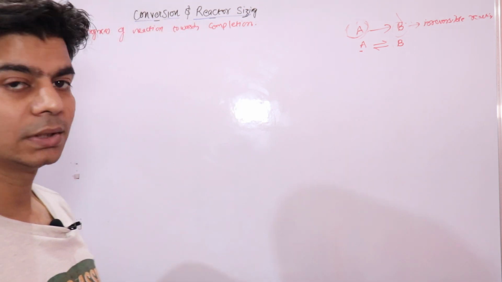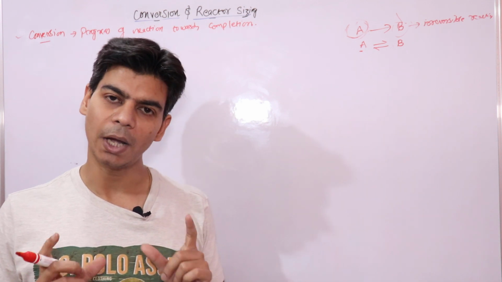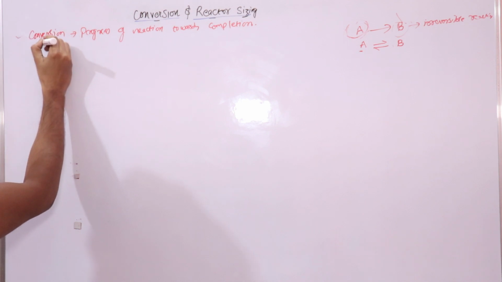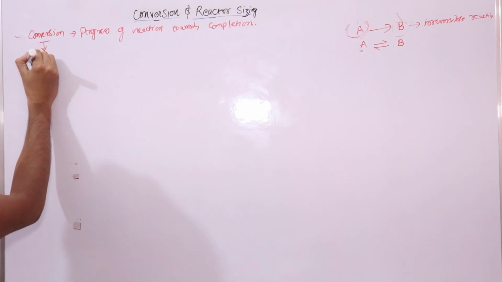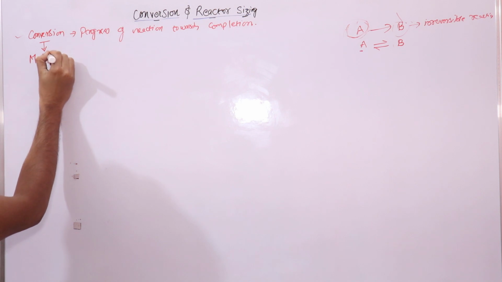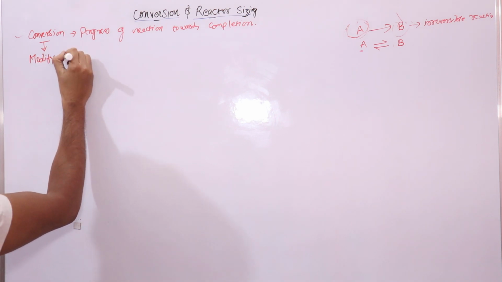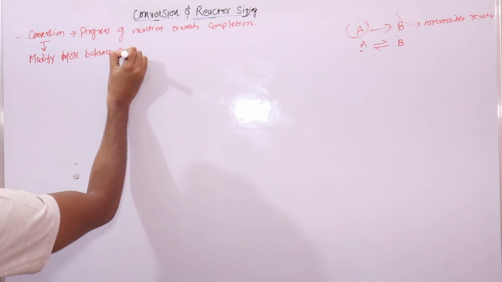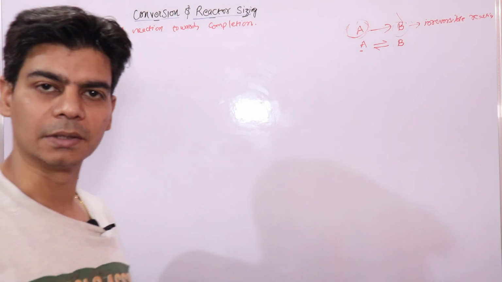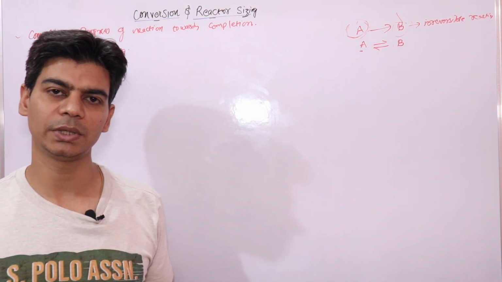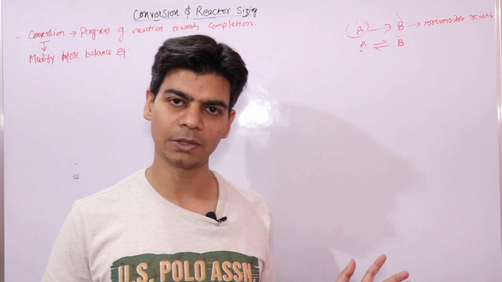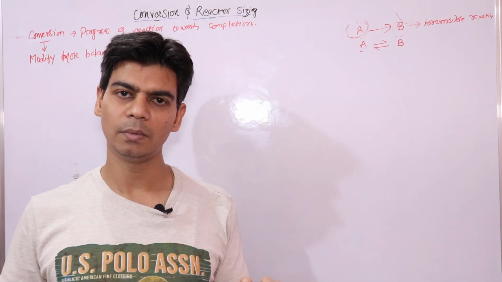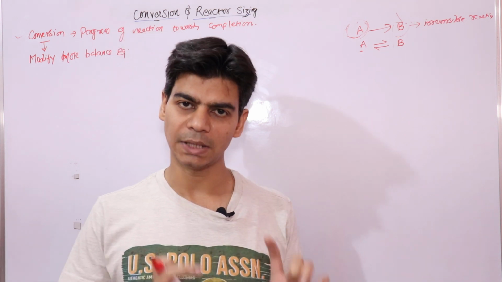And what we would be doing in this chapter is, once you know about conversion, you will modify the mole balance equation for the reactor. We know that we have derived mole balance equations for different reactors in the previous chapter. So whatever reactor you are referring to, you take the mole balance equation of that reactor.